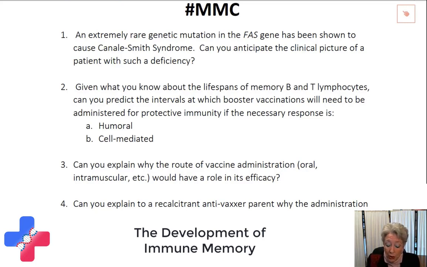All right, so if the FAS gene trimerization is what causes activation-induced cell death, then in the absence of that particular molecule or the ability to trimerize two of those on the surface of my activated T cells, I am going to end up with a syndrome that involves wild lymphoproliferation.